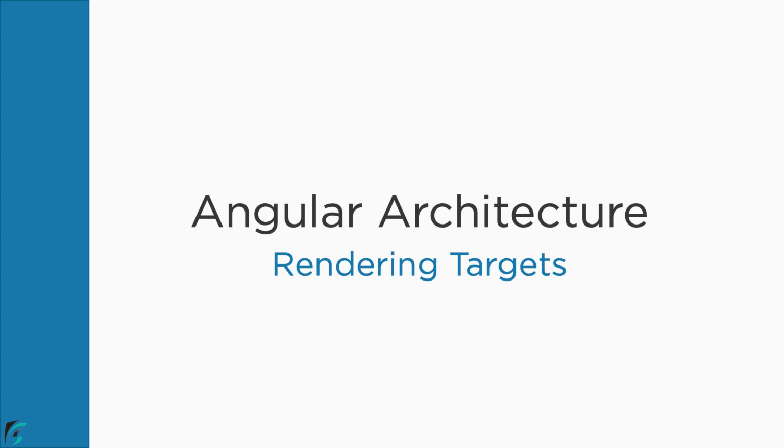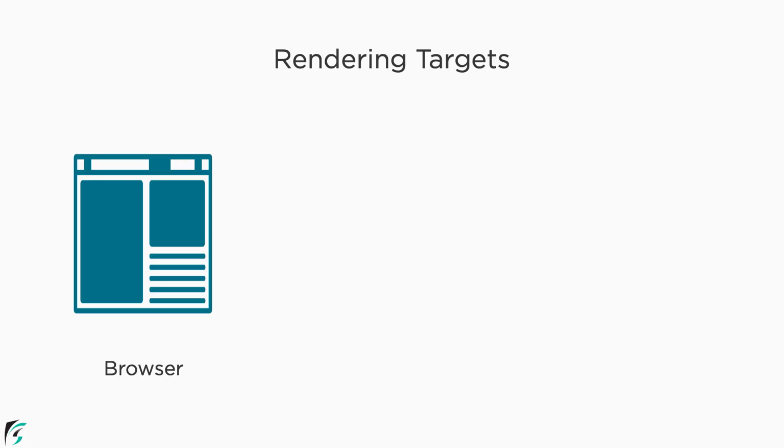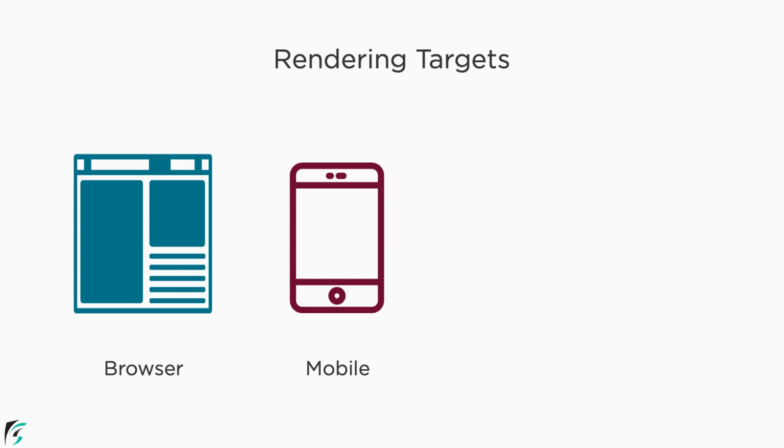Rendering targets. It is one of the great advances of Angular. With a web framework, we generally presume that we would create a typical website and render it in the browser. However, with the rise of mobile and other needs, it has become advantageous to create the same experience on the phone. Angular, as a modern framework, is built to allow itself to be rendered on any number of devices by changing the rendering engine.